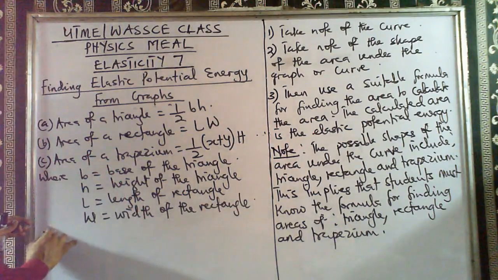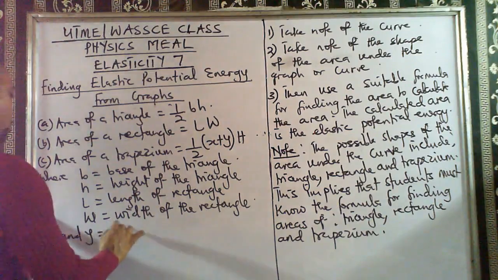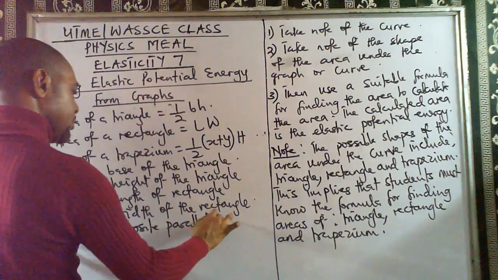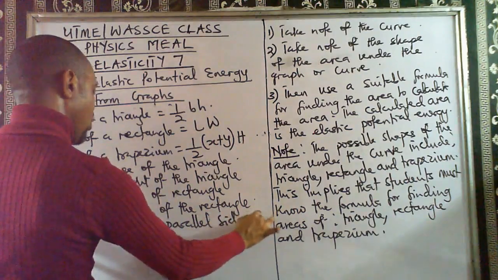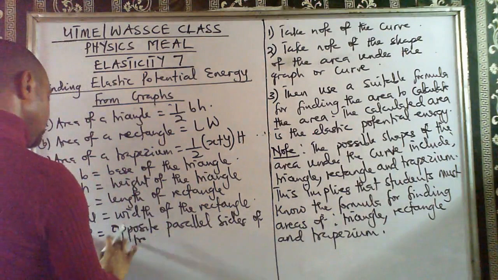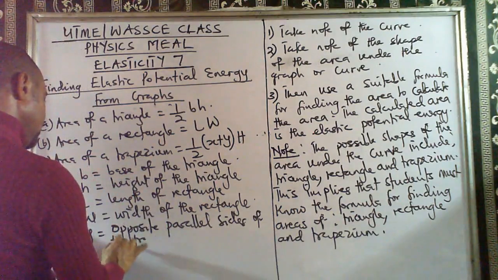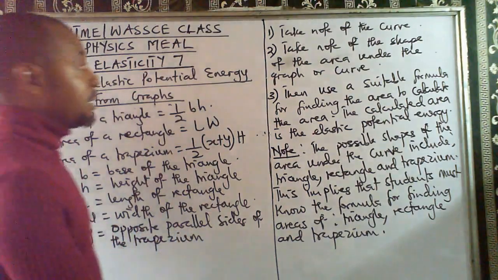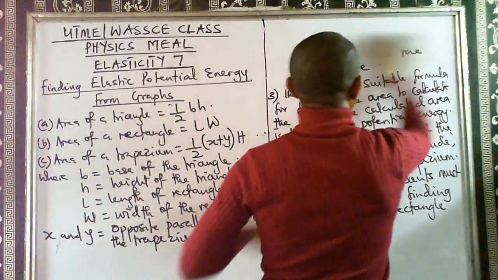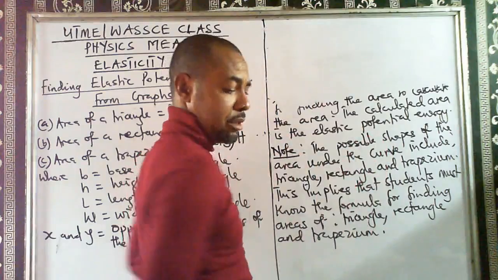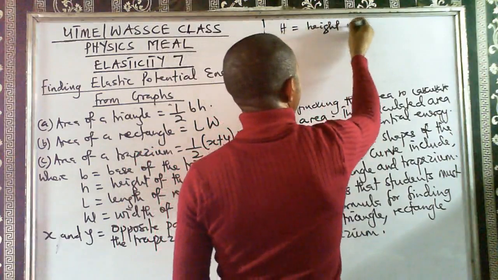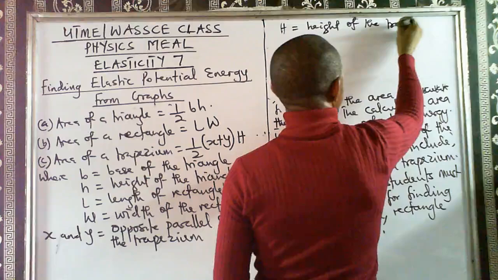Then x and y are the opposite parallel sides of the trapezium, and the uppercase letter H represents the height of the trapezium.